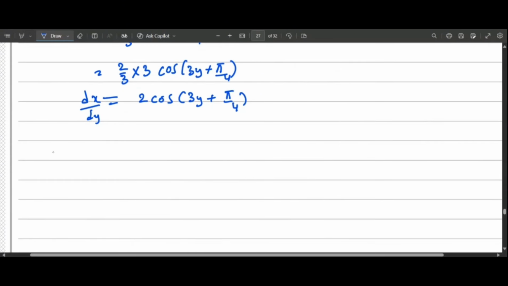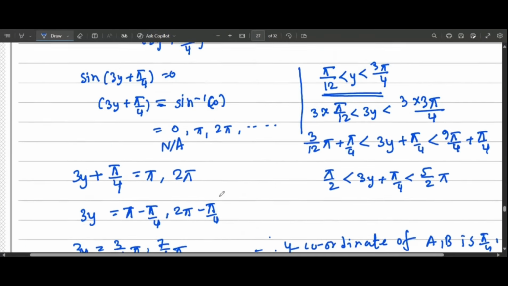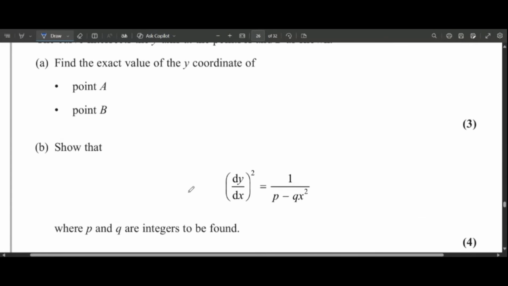Now we have to find dy by dx. To do this, we will just inverse our whole expression. So 1 by 2 cos 3y plus pi by 4 is equal to dy by dx. We know from the question that we have to find the dy by dx whole square.